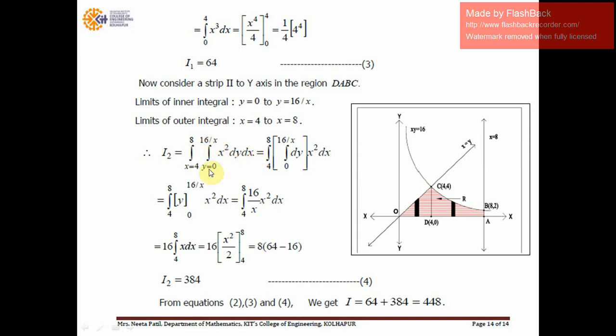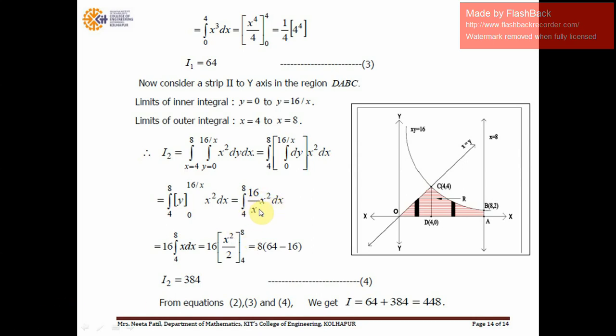As the limit of the inner integral is for the variable y, we integrate this function first with respect to y, then with respect to x. So it is equal to integration 4 to 8, integration of dy, x square dx. It is equal to integration 4 to 8, integration of dy is y, upper limit 16 upon x, lower limit 0, x square dx. It is equal to integration 4 to 8, 16 upon x into x square dx.